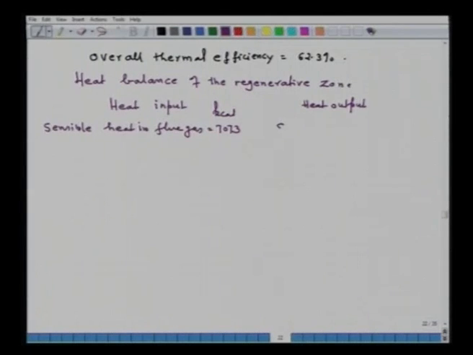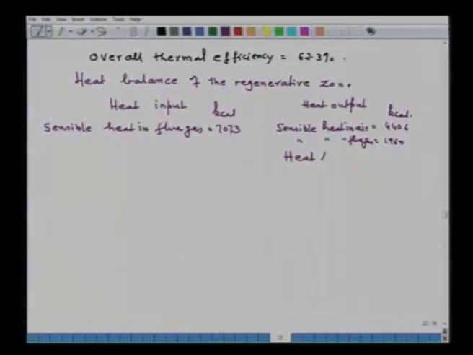Heat output: sensible heat in air, that we could recover, 4406, all in kilocalorie; sensible heat in flue gas leaving the regenerator, 1960; and we are assuming 10% losses of the sensible heat input to the regenerator. So, heat loss is 10% of this, that is 707. So, total we will be getting again 7073 kilocalorie.